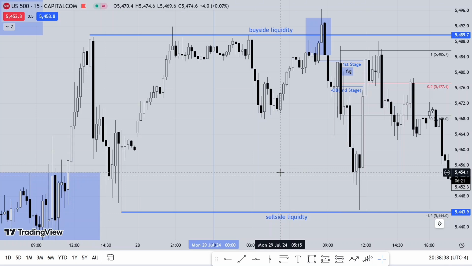So when price trades, if you are bearish, you are looking for sales. When price trades to a premium PDRA, you are selling from those premium PDRAs. And when you want to take profits or you want to take partials, you'll be taking partials from discounted PDRAs.